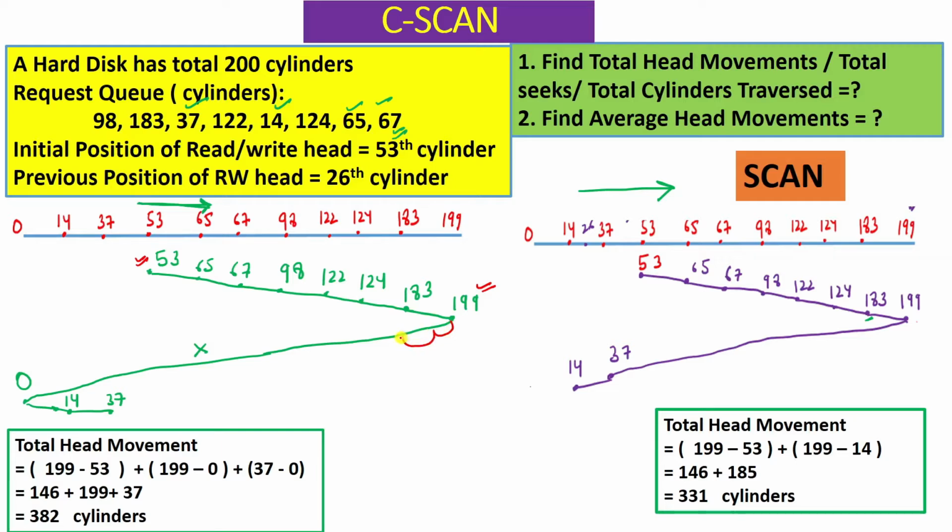It will come to each track number, but it will not read or write any data in any sector on that particular track. Let's say it will come to 183 also, but it will not read or write any data from any sector of 183.